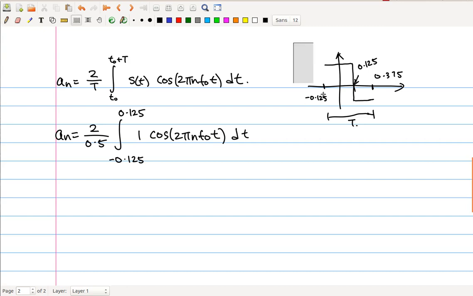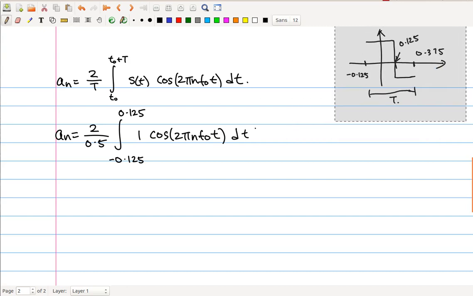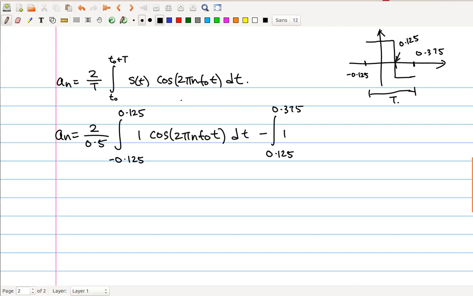Okay, then I need to come over here and compute the second portion. Okay, so this one here begins at 0.125, goes all the way up to 0.375, and this particular amplitude here is a negative, so it's probably better I just put a negative here. So that's your negative 1, and cos 2 pi n f naught t dt.